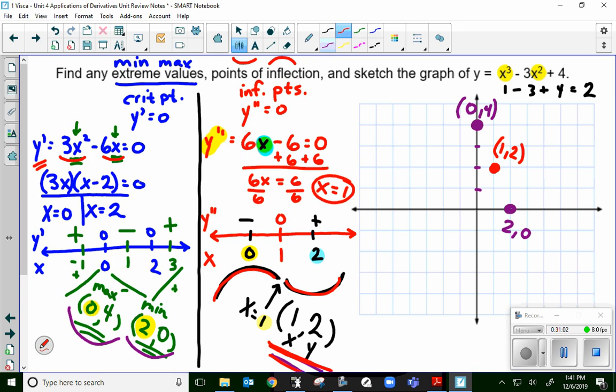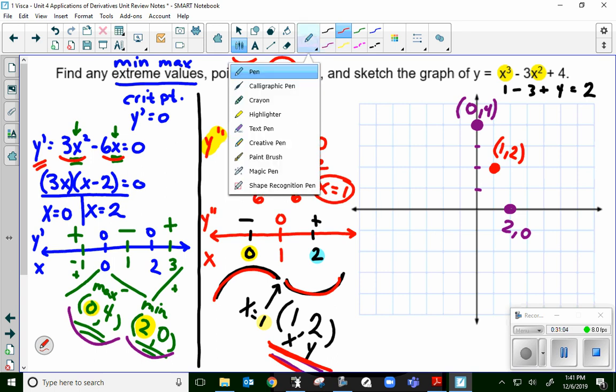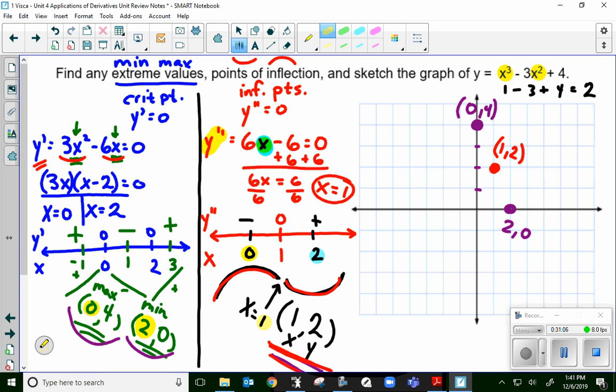I've got points, and I would like to see what happens on this side. I'm going to do this in highlighter because I do everything in highlighter. So I'm going to pick a point over here and a point over here. What about when x is 3?